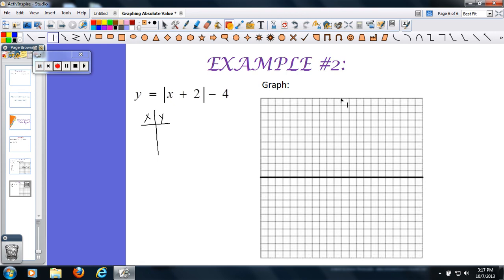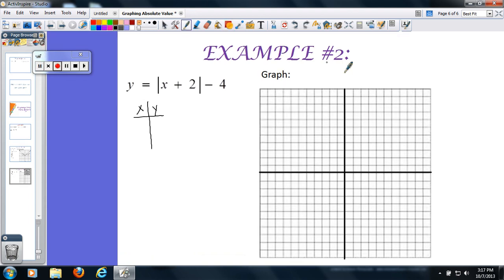And we're just going to put it in the middle again. Okay, and now for this one, we should recognize that again the function is y equals a times the absolute value of x minus h, plus k. So let's start by finding h and k.